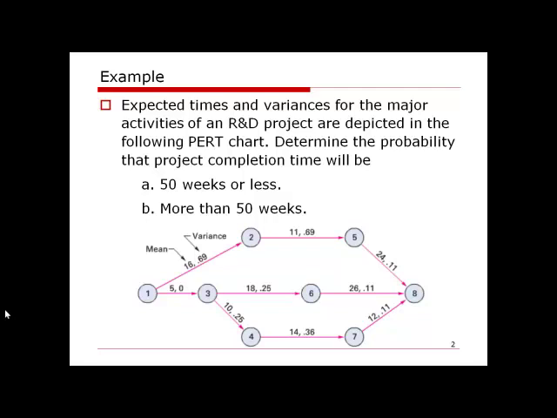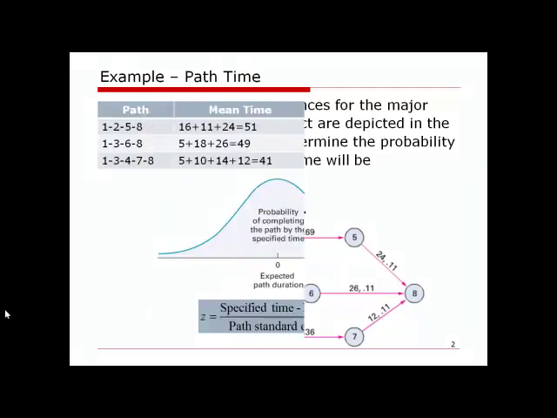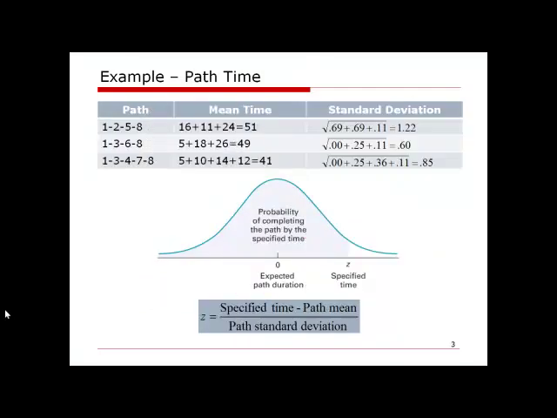However, when we describe a distribution, we usually need the standard deviation. So after we add everything up to get the path variance, we take the square root to calculate the standard deviation. So we can calculate the standard deviation for each of these three paths, which are 1.22, 0.6, and 0.85 respectively. Now, why do we need these numbers, and how do we use them?